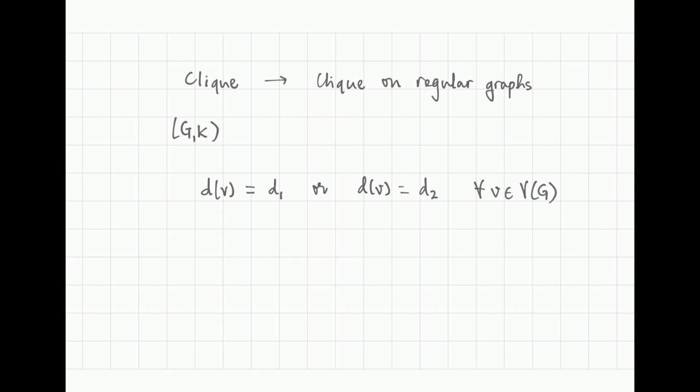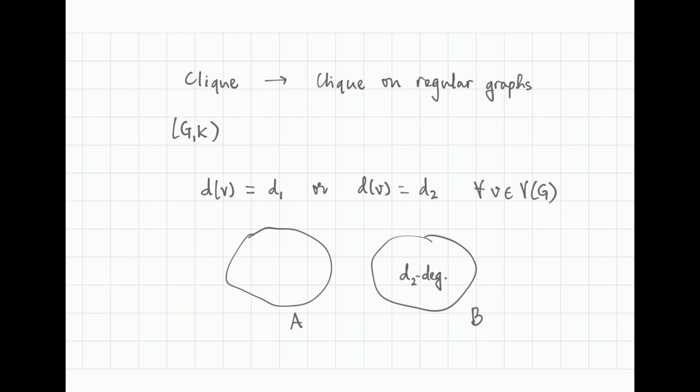So that means you can essentially partition your graph into two parts. Let me call these A and B. And these are all the D2 degree vertices here in B, and here are all the D1 degree vertices here in A. And let me say, without loss of generality, so it's just a notational thing, that D1 is strictly less than D2.